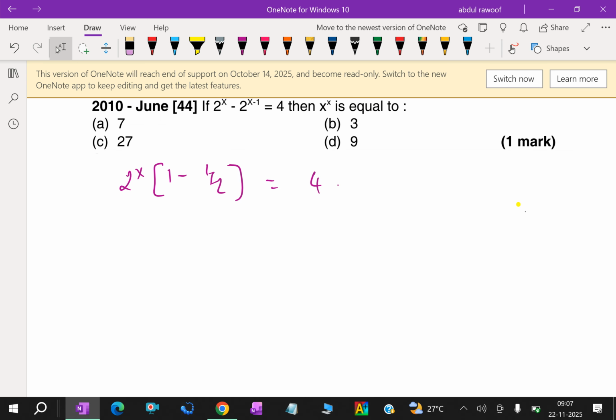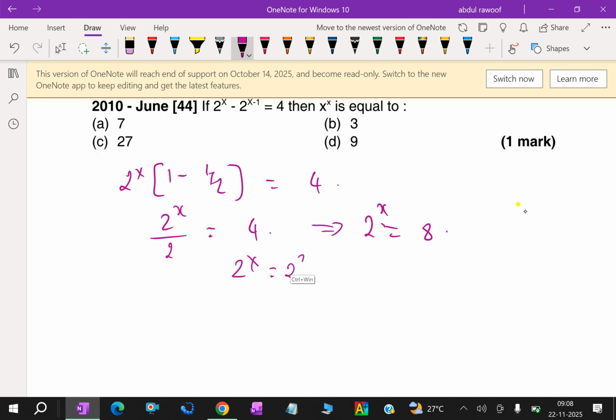Then 1 minus half is half, that is 2 power x over 2 equals 4, which gives 2 power x equal to 8. Therefore, 2 power x equals 2 cube.